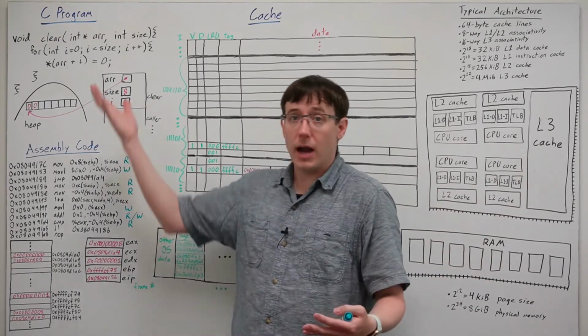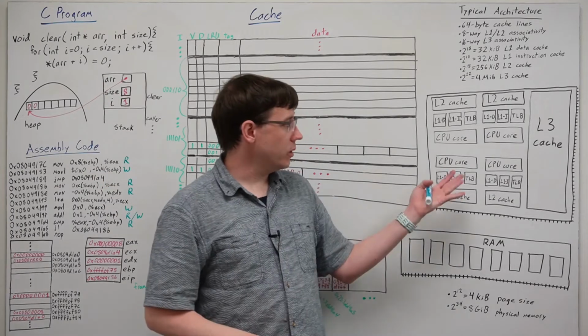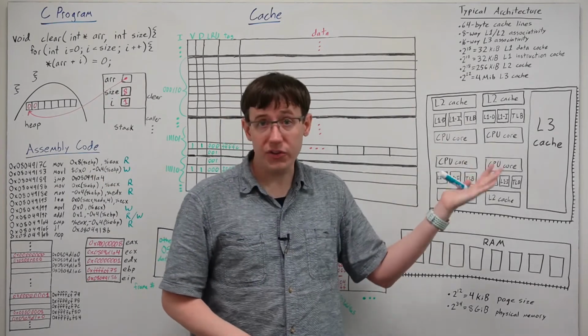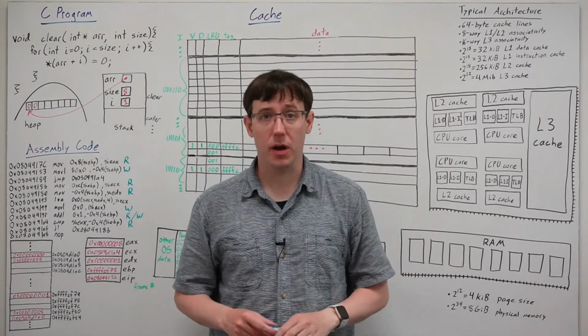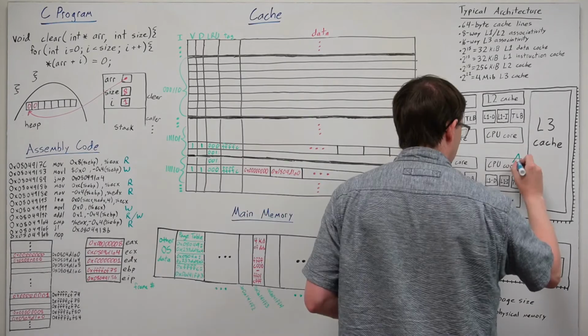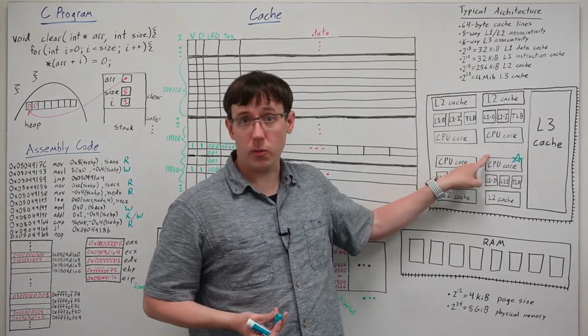When we run our program, it will be executing on one of the CPU cores, as chosen by the operating system's scheduler. Let's suppose we're running on this one.